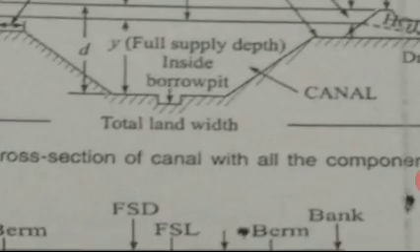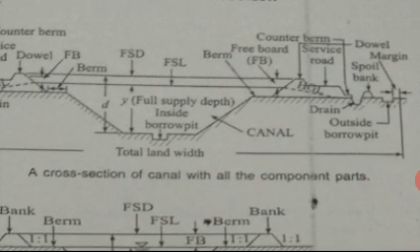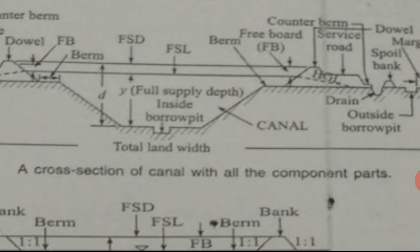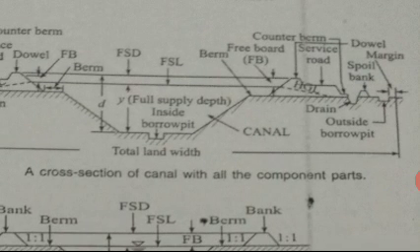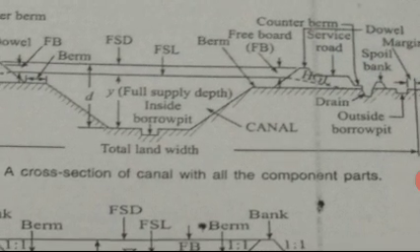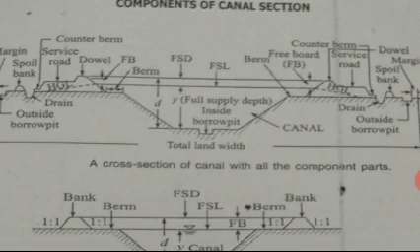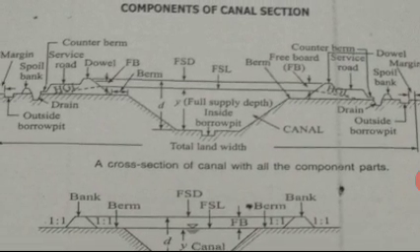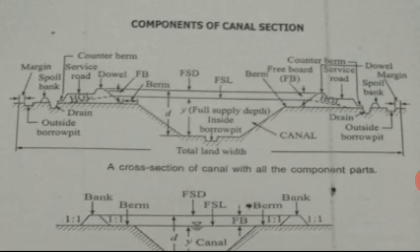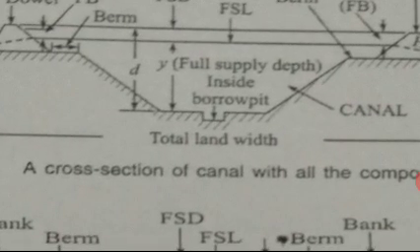Whatever the land is consumed for the canal, including the side bank, service roads, freeboard, berm width, dowel, margin, and spoil bank, all including the entire canal structure, whatever the land is consumed by the canal structure is called total land width.